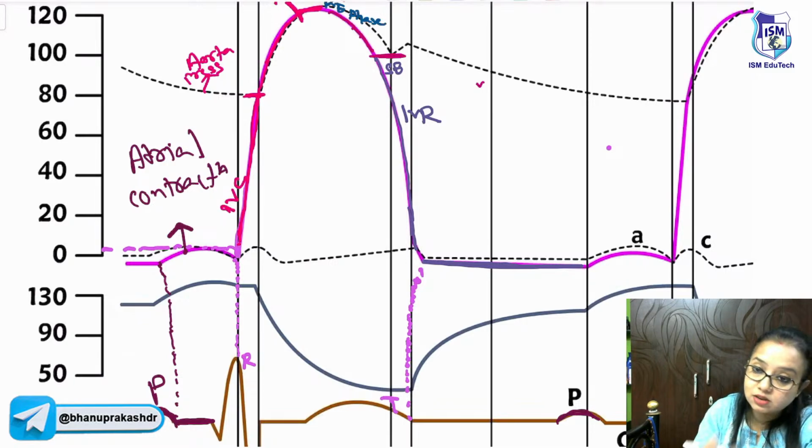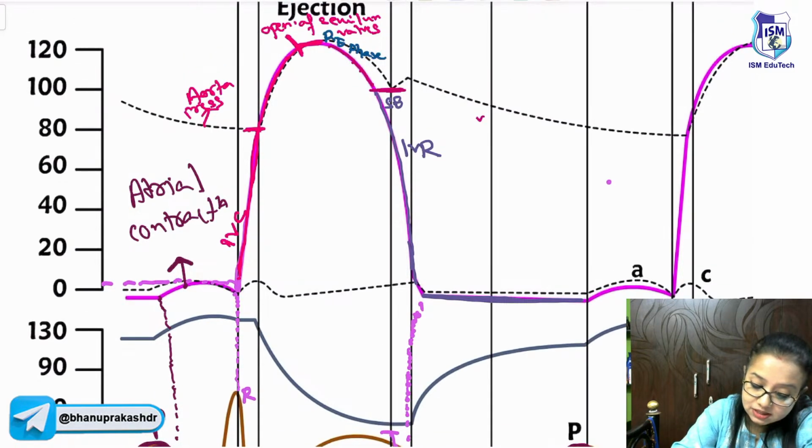The ventricles are now filled with blood, all four valves are closed, and the ventricle is a closed chamber. What starts next is the isovolumetric contraction. There is a gradual increase in the pressure in the ventricle. As long as the pressure is less than 80 mmHg, the aortic valve remains closed.